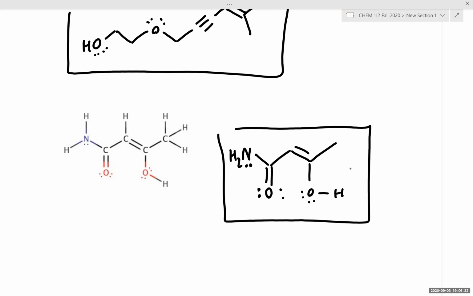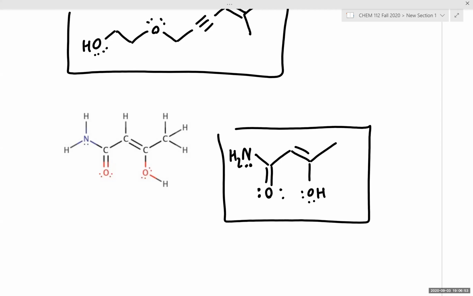Yeah, quick question. Could we just write OH with the oxygen having two lone pairs drawn down? Yes, that would be perfectly fine as well. Okay, I just want to make sure. Any other questions on this example? Just one.